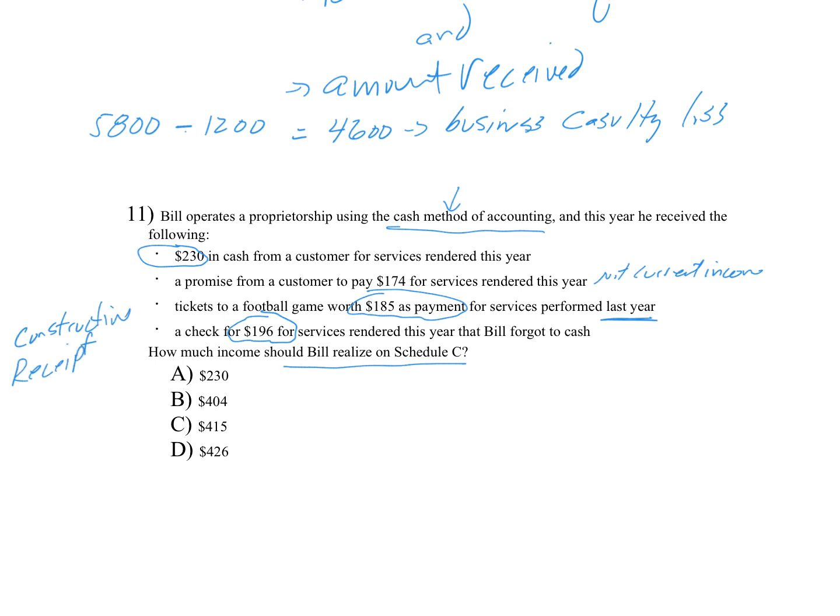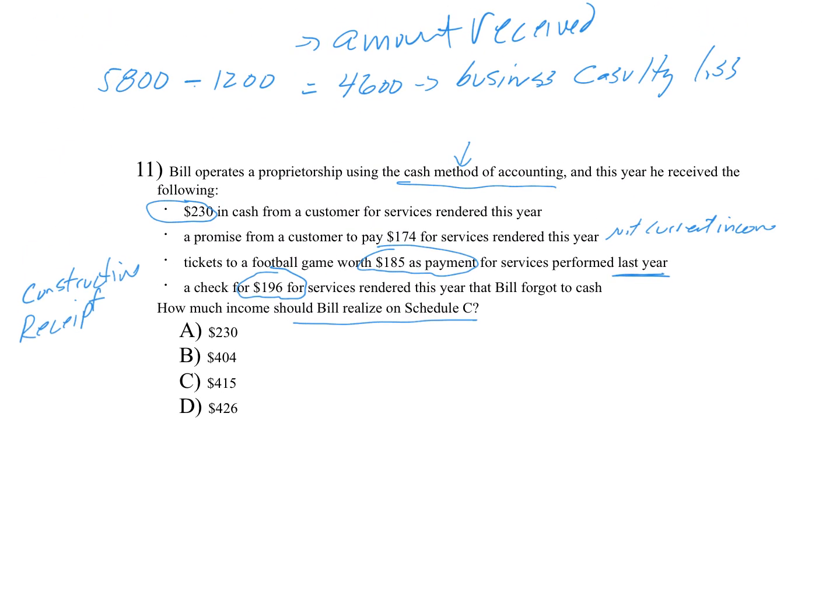Even though he forgot to cash the check, the IRS doesn't care that he forgot. He had the ability and he had access to that check, so that counts as income. And unfortunately, I cut off option E here, and I didn't notice that. Option E is $611, and that is in fact the correct answer. Okay?